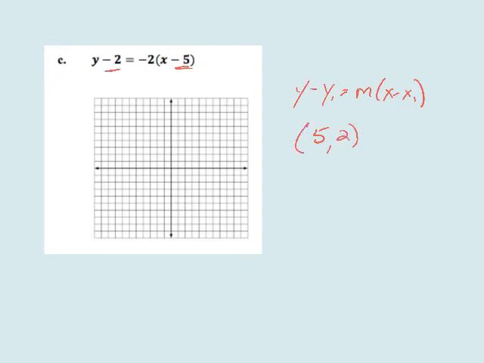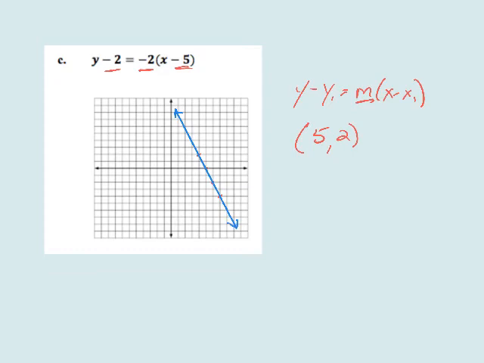So I will put a point at 5 over 2 up. And from that, I'll take my slope of negative 2, down 2 over 1, down 2 over 1. I'll connect those with a straight line. And I've got that equation graphed.